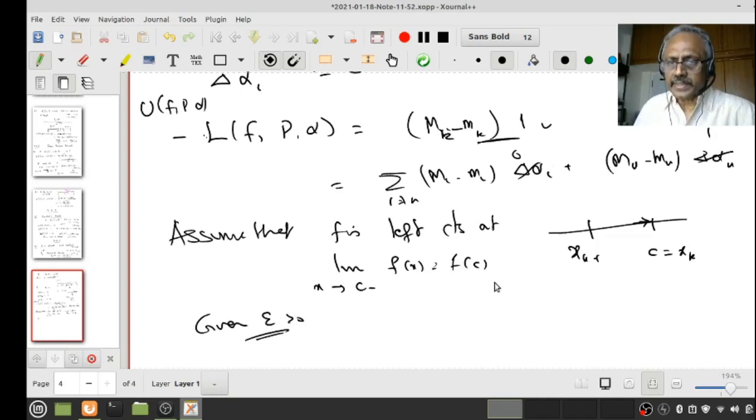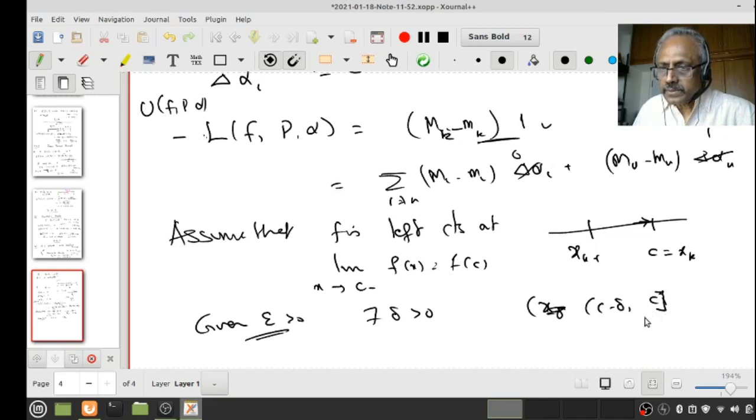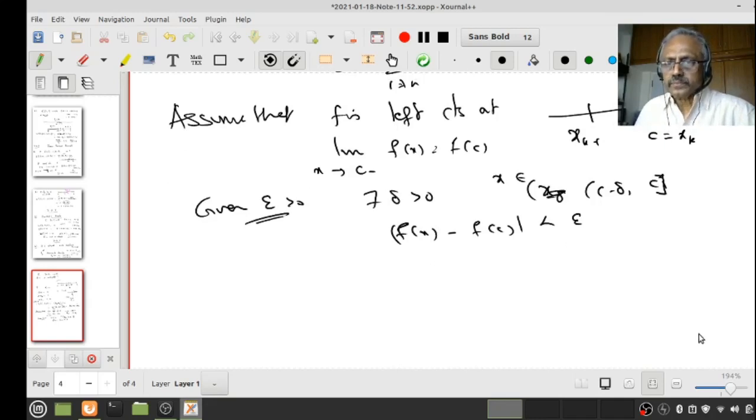Give me any epsilon, I have to find a delta, etc. Oh, sorry, I have to find a partition, etc. So what I do is, since f is left continuous at c, for this given epsilon there is a delta positive, so that for all x in the interval c minus delta to c, okay, for all x here, what happens? Mod f(x) minus f(c) is less than epsilon. This is what left continuity means, right?